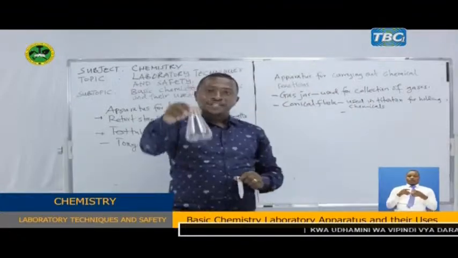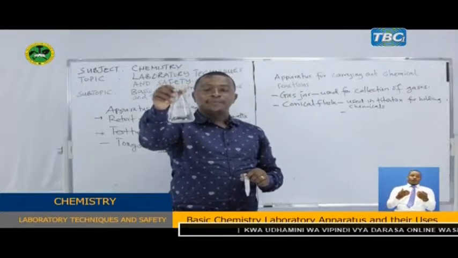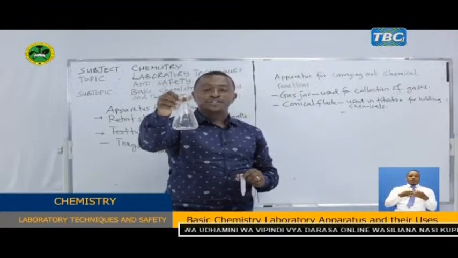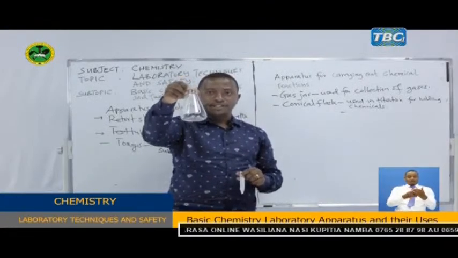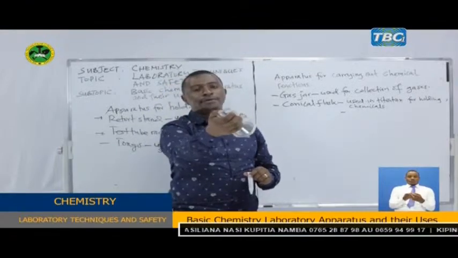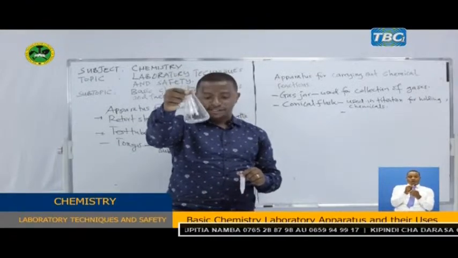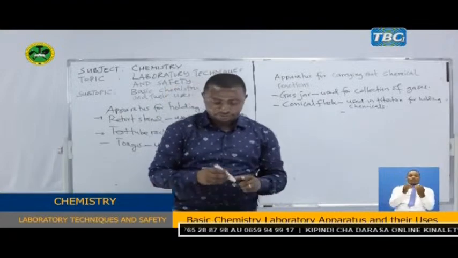Also, a conical flask can be used in carrying out some chemical reactions. You can see it has a narrow mouth, and it is made of glass. It is a glassware material.